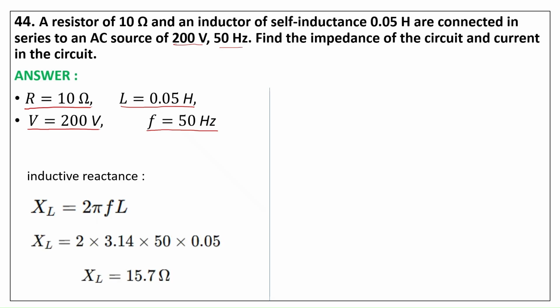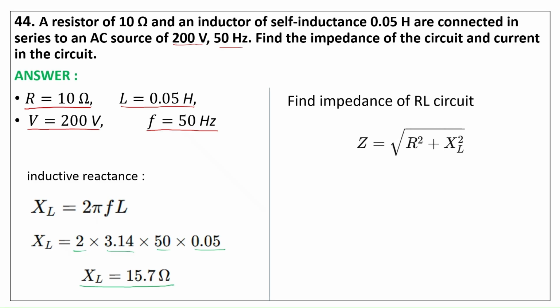Substitute the values, we get XL is equal to 2 into 3.14 into 50 into 0.05. We get XL is equal to 15.7 ohm. To find impedance of RL circuit, Z is equal to root of R square plus XL square.